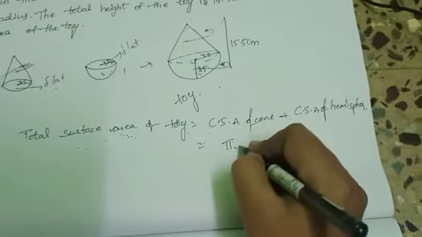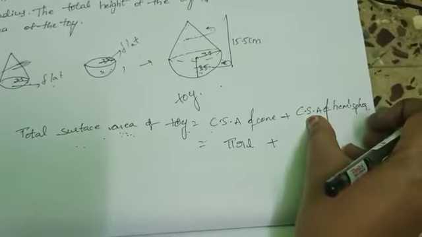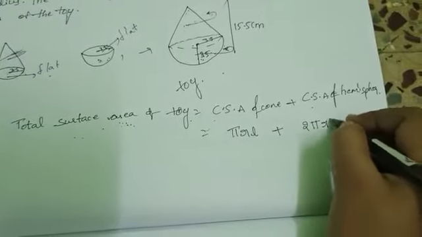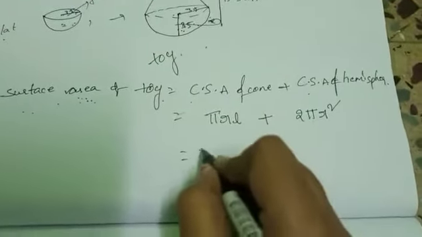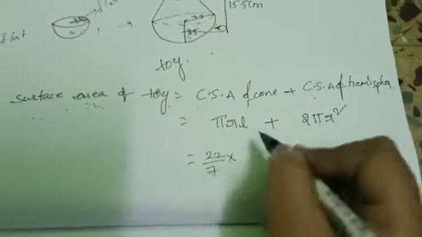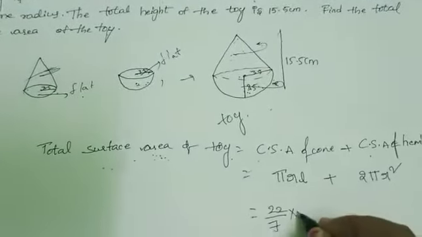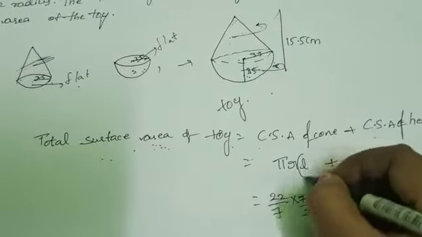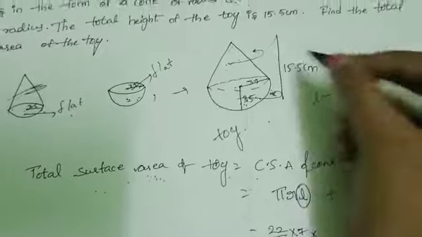Pi r L. The curved surface area of the hemisphere is 2 pi r square. Pi is 22/7. The radius of the cone is given as 3.5 centimeters. Write 3.5 as 7/2. L is nothing but the slant length.